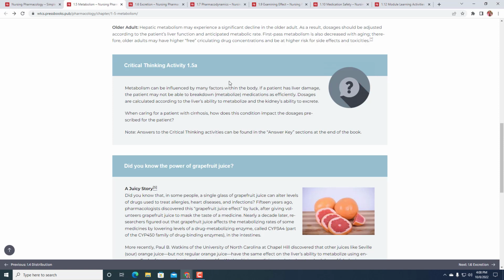When we're talking about metabolism and medications, that means we're going to have more medication hanging around. If the liver's job is to break down the medication, then we're actually going to have more medication sticking around, okay? And that means we need to do what with the dosage?